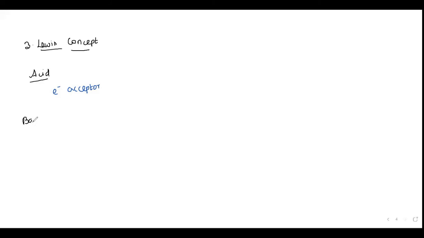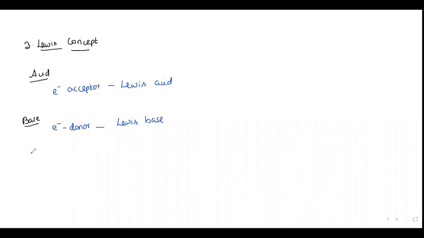Base, electron donor. The Lewis concept: electron acceptor acid, electron donor base. So Lewis acid, Lewis base. Electron acceptor, Lewis acid. Electron donor, Lewis base.